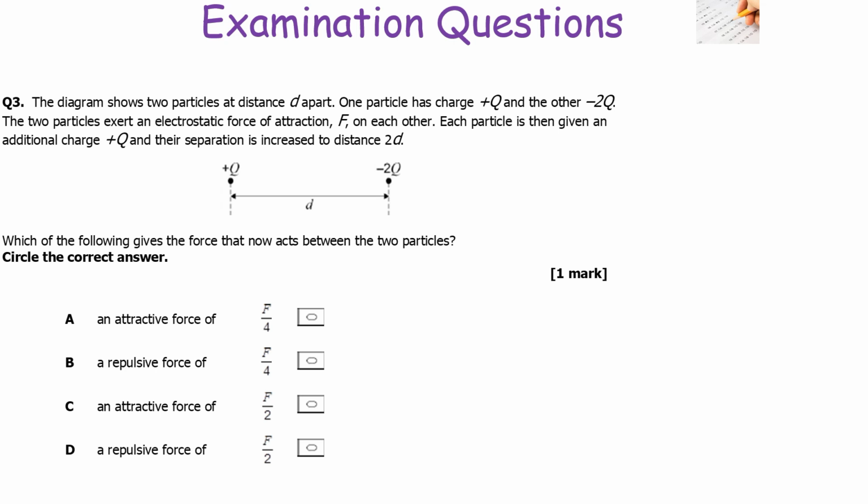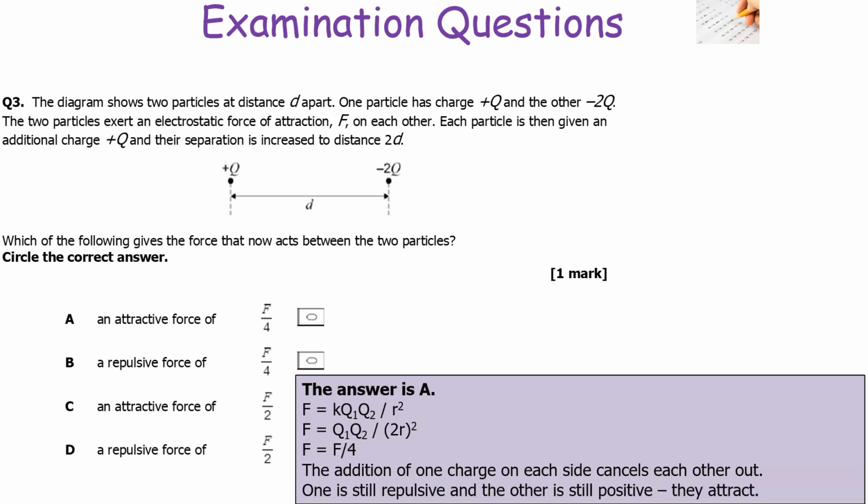Right, our answer in this particular question is going to be A, because you know that F is equal to k q1 q2 over r squared. Now again, k is just a constant, so we can just ignore it. So therefore we can say that F is proportional to q1 q2 over (2r) all squared. Now you might think, does the value of q not change as each one has been given an additional plus q?